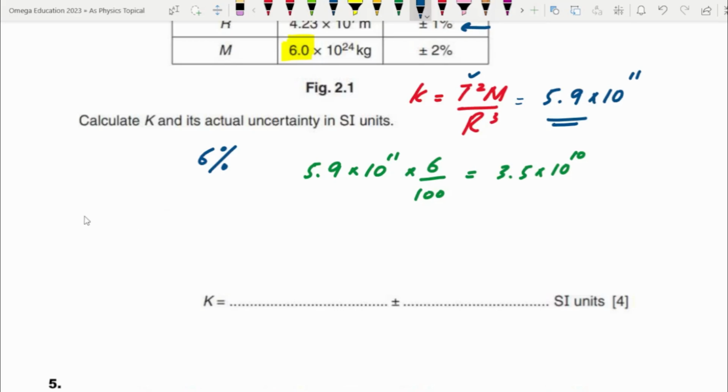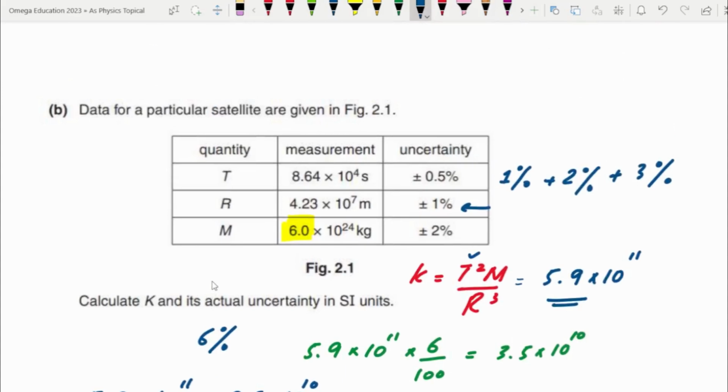So let me write down the answer first: 5.9 into 10 to the power 11 plus minus 3.5 into 10 to the power 10. This is what we have so far.